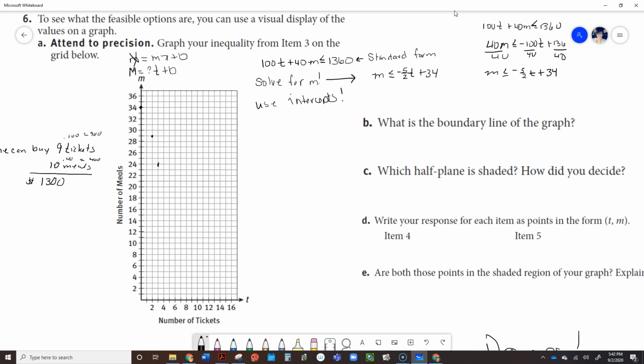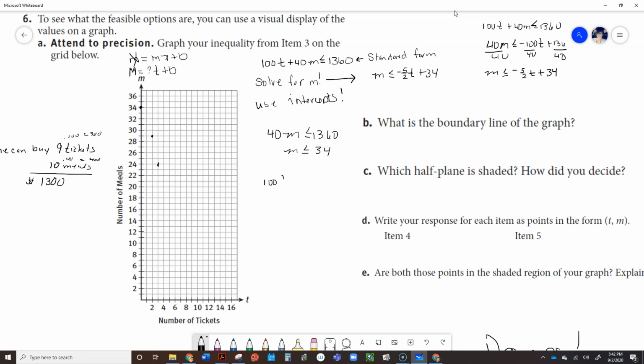So I could keep going like that, but I also want to remind you that you could also find it by doing 40m is less than or equal to 1360. So m is going to be less than or equal to 34. So on the m-axis, you go to 34.